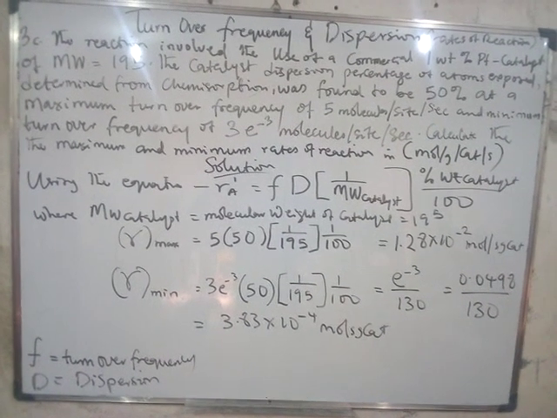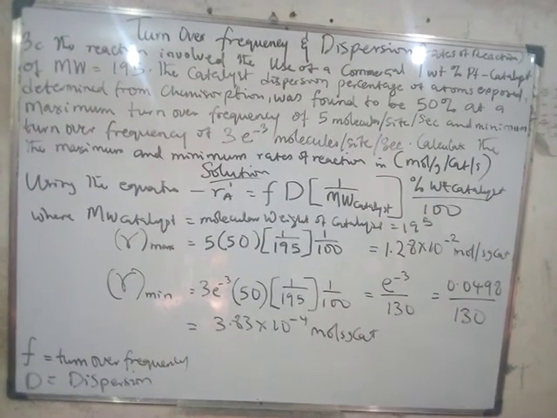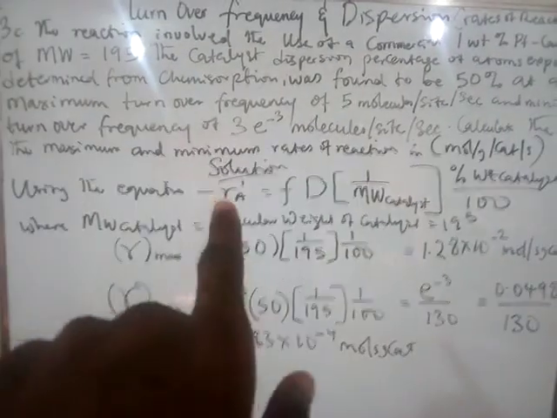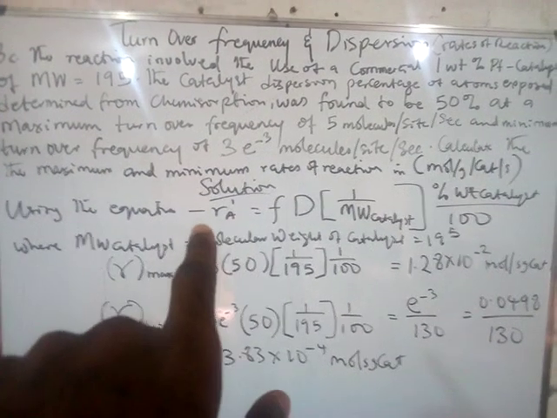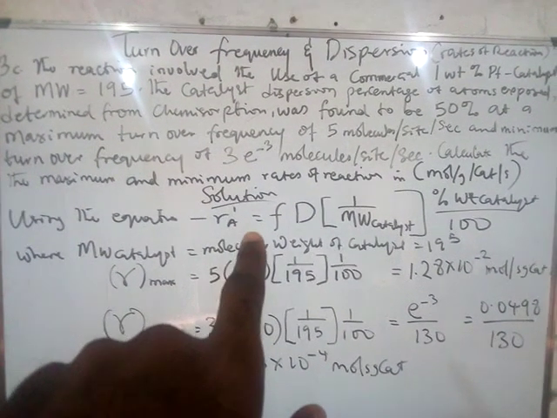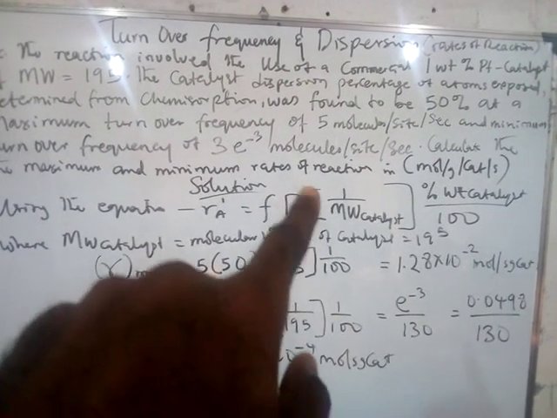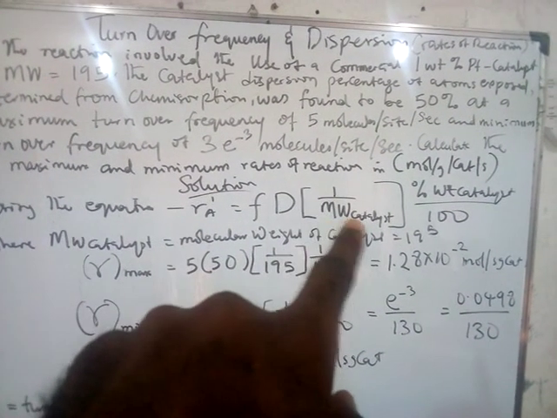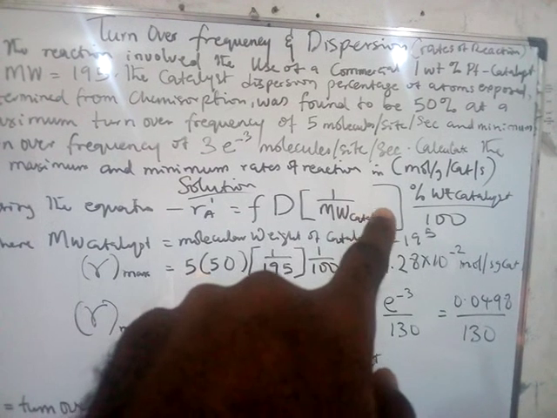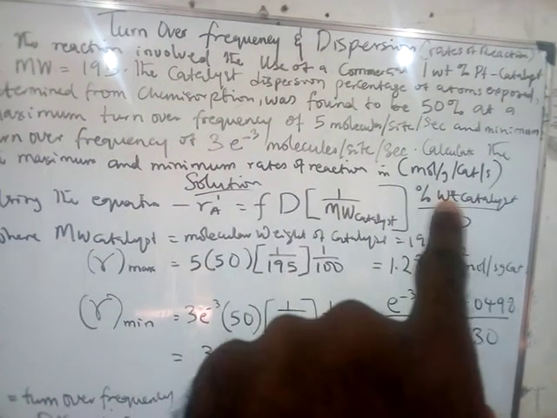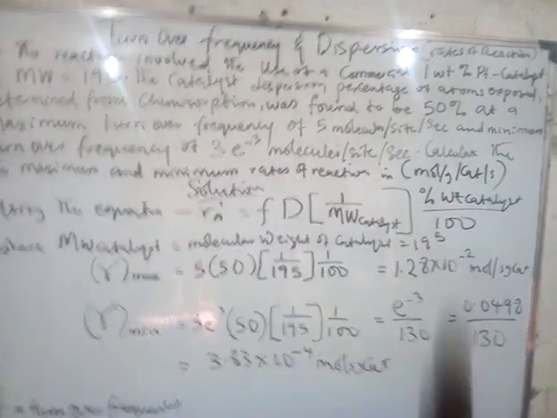Whenever you're relating turnover frequency and dispersion to rates of reaction, this is the actual equation you use: minus RA, the rate of disappearance of A, is equal to turnover frequency times dispersion into bracket 1 over the molecular weight of the catalyst you're using, close the bracket, then the percentage weight of the catalyst used in this reaction, all over 100.